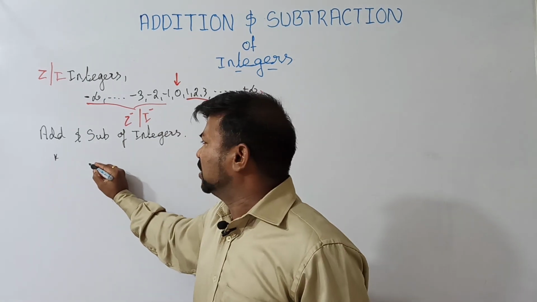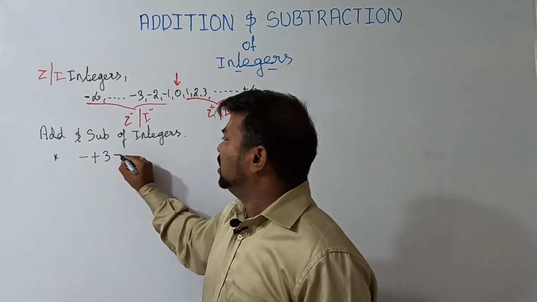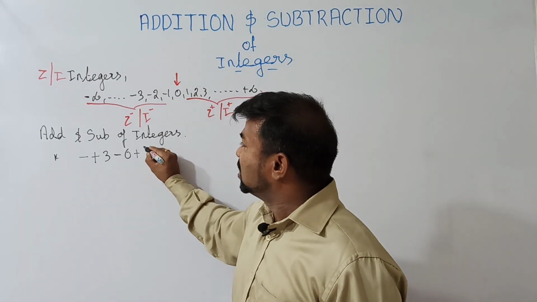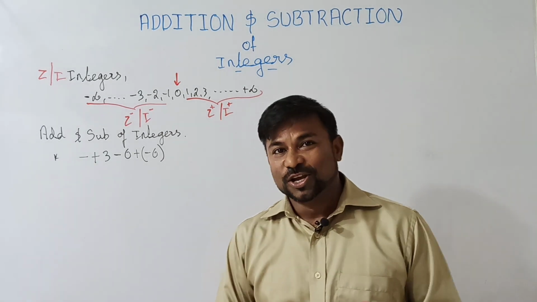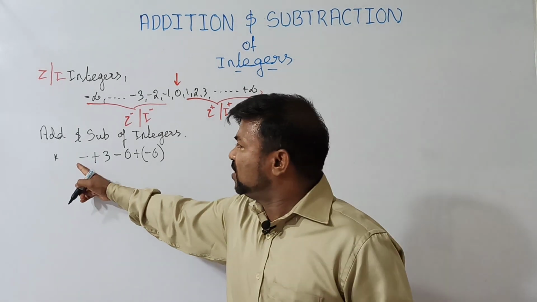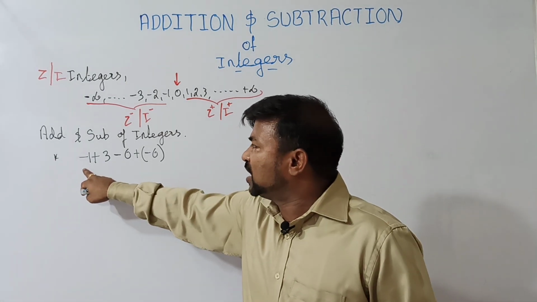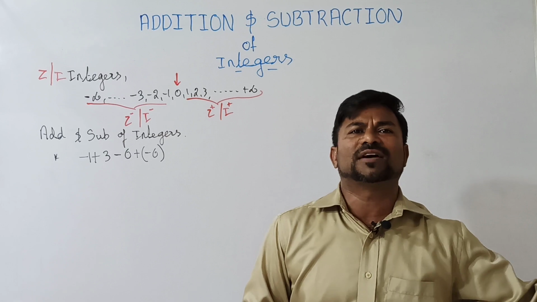If I take a number like -1, +3, -6, till here it's fine, plus I say -6 here. Everything went on normally: -1, +3, -6, no issues. We can apply the logic I have said earlier.